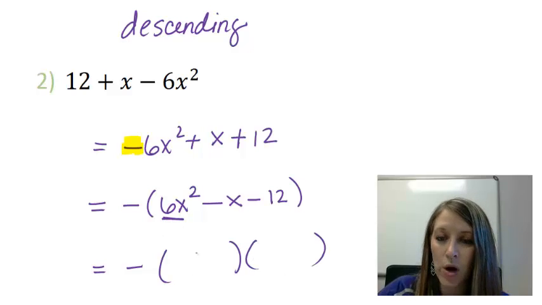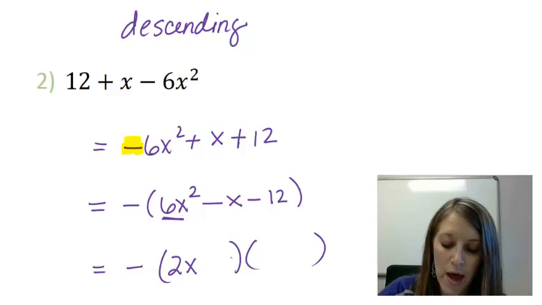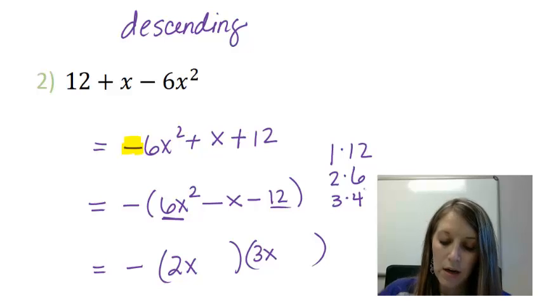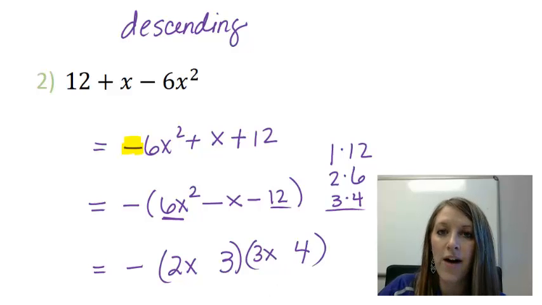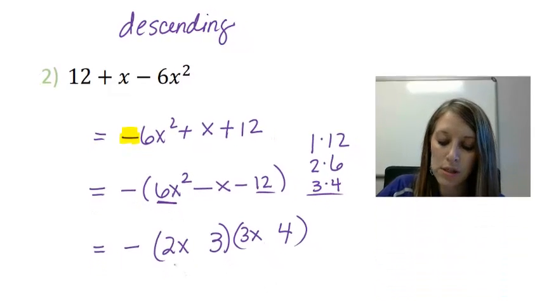Factors of 6x squared that I'm going to try and start with are 2x and 3x. And factors of 12, I can use 1 and 12, 2 and 6, 3 and 4. Let me try 3 and 4. I have to put my 3 here and my 4 there so they don't violate any common factor rule.